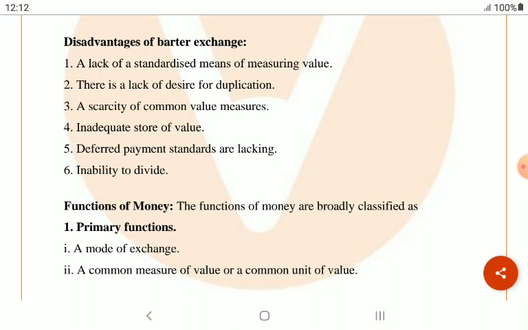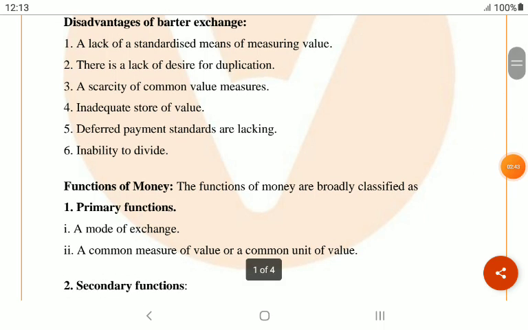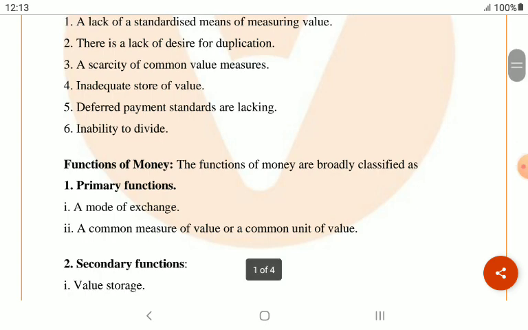There is a scarcity of common value measures, an inadequate store of value, deferred payment standards are lacking, and there is an inability to divide. These are the disadvantages of the barter exchange if it is continued.